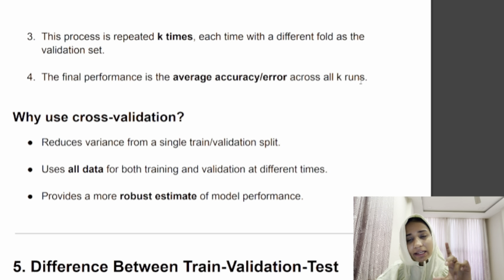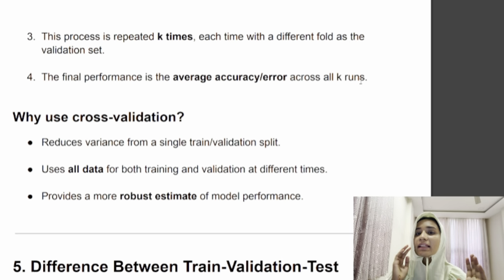If the first fold is the validation set, then next time it is the second, third or any other fold, so every fold gets a chance to become the validation set. The final performance is the average accuracy or error across all k runs.